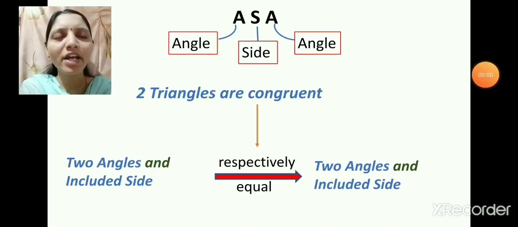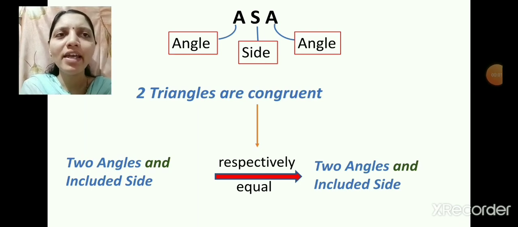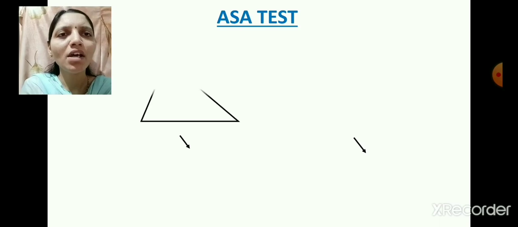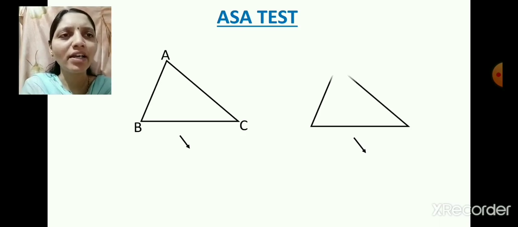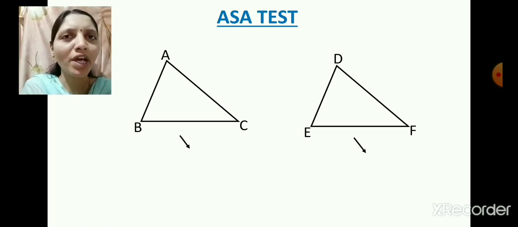Now let's try to understand the ASA test with an example. Here I have drawn triangle ABC and triangle DEF. I want to find out whether these two triangles are congruent or not, and if they are congruent, by which test.